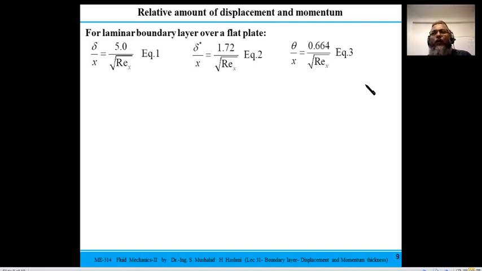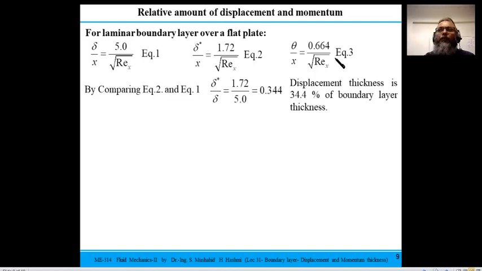What I do now is compare the displacement thickness with the boundary layer thickness. So I divide equation 2 by equation number 1. The Reynolds number and x cancel, and what I end up with is just a fraction of the two numbers.